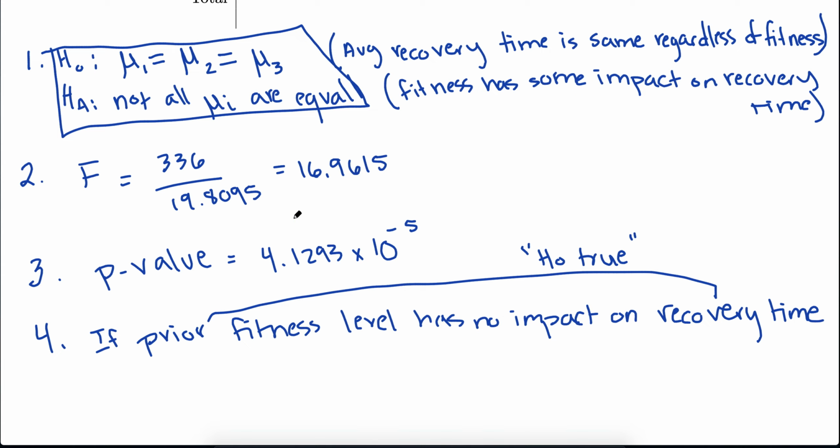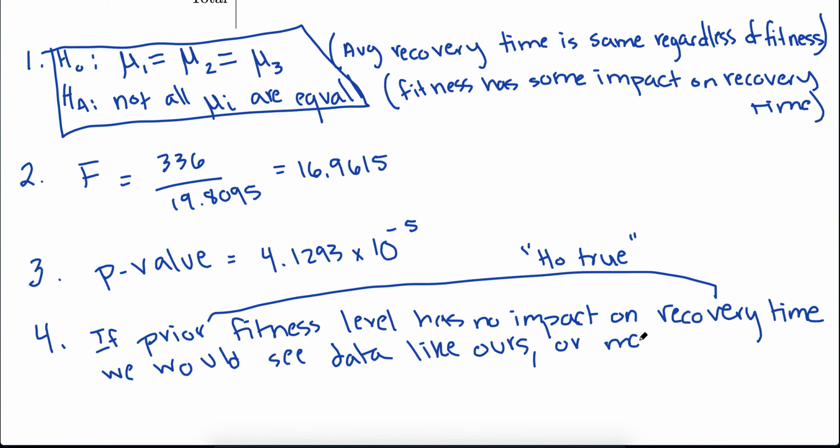Then these are our chances of seeing our data. So if that's true, we would see data like ours or more extreme this percentage of the time, so multiply this by 100 to make it a percent. So 4 times 10 to the negative third, or 0.00412993% of the time.